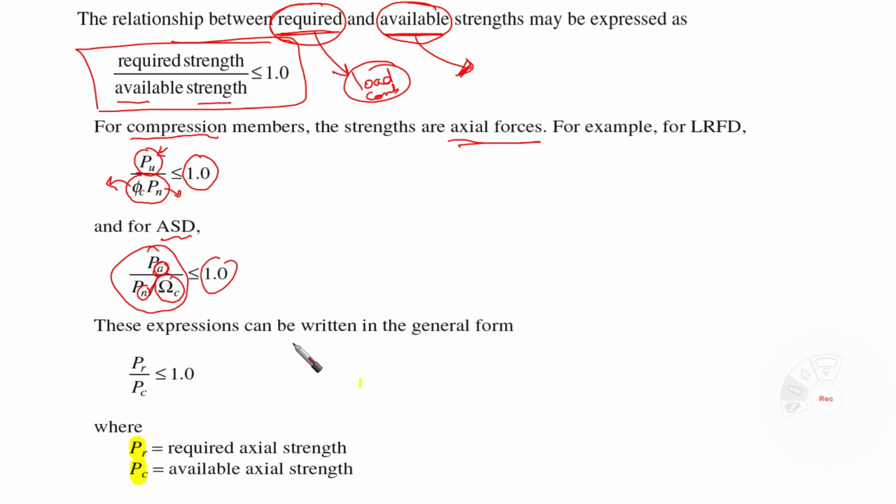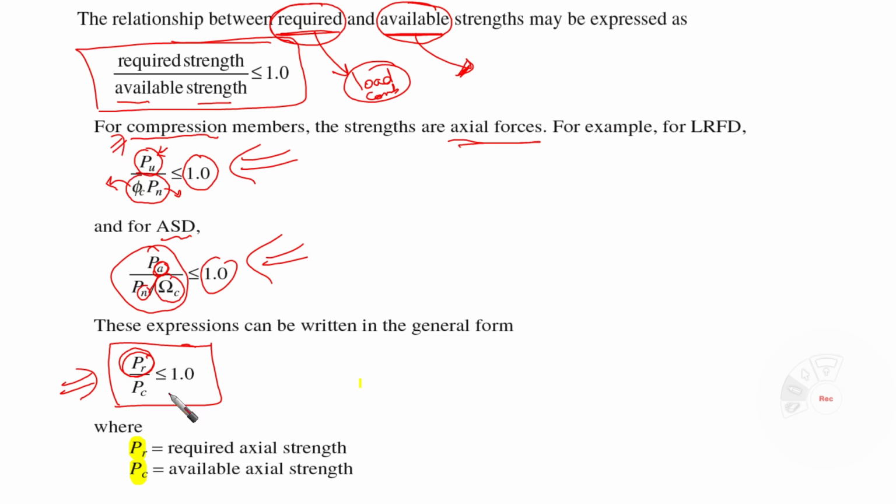These expressions can be written in a general form, as we have explained before. In the numerator we are going to call this PR, the required axial strength, because we're talking about a compression member, over the available axial strength. It should always be less than or equal to 1.